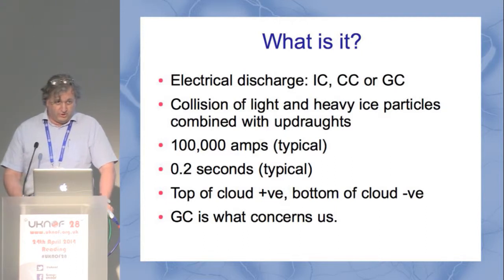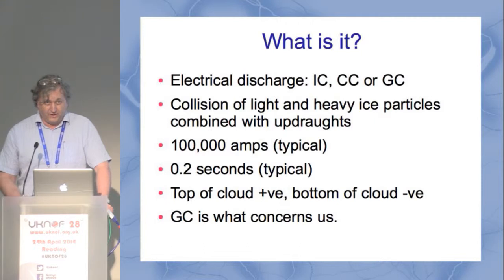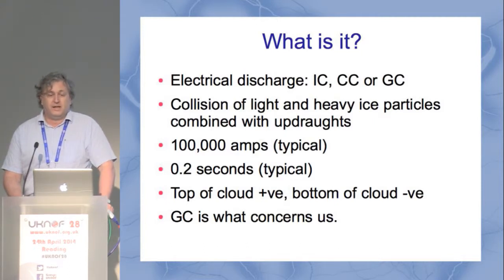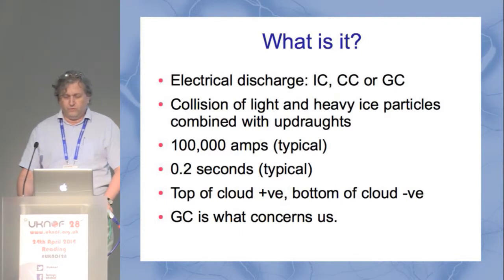If you were at school when I was, you would have seen Van de Graaff generators, and this is basically the same principle. A typical lightning strike is about 100,000 amps for about 0.2 seconds. That's an awful lot of current, and it can do a certain amount of damage.